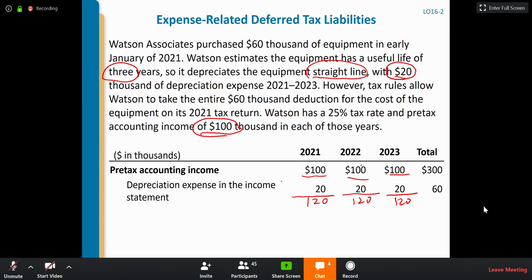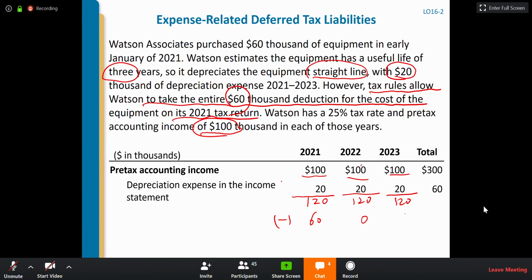So then let's look at depreciation in the tax. The tax rule allows the company to take the entire deduction for the cost in 2021. So for 2021, we can deduct the entire amount, which means you subtract that 60 in 2021. How about the rest of the years?